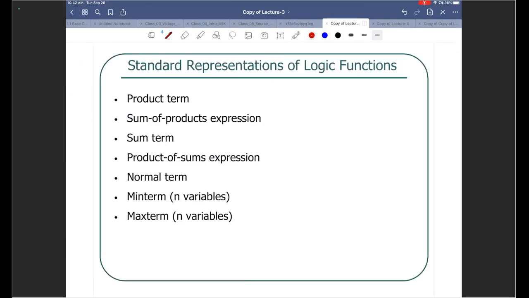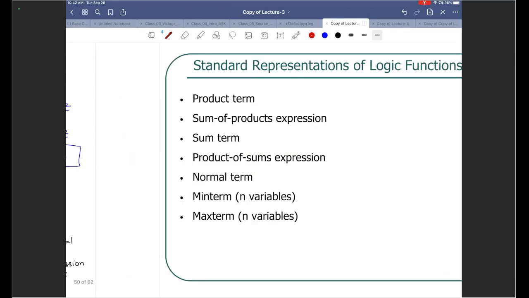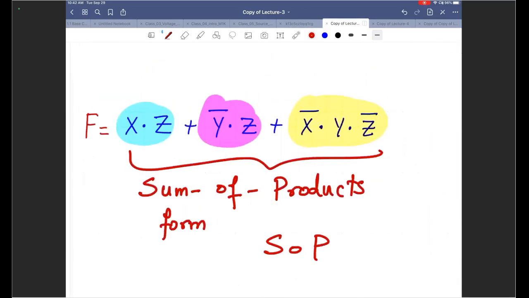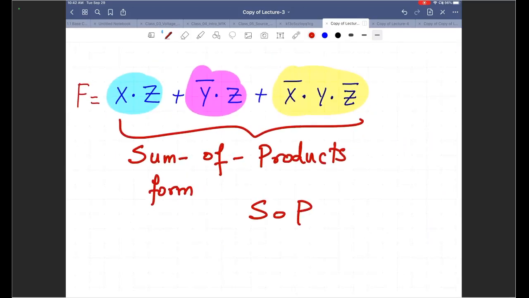So let's see, product term. Okay, so what is a product term? Well, if you look at this, how many product terms do you see here? Well, I have one product term here, one product term here, one product term here. So you got 3 product terms, right? So any term which has an AND operation between variables, it is a product term.